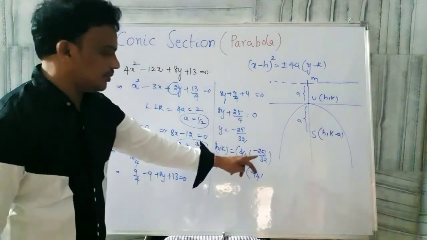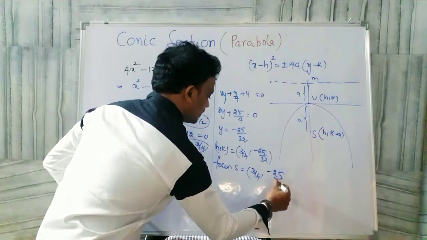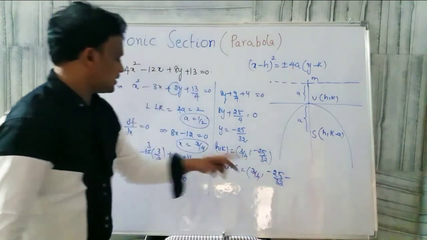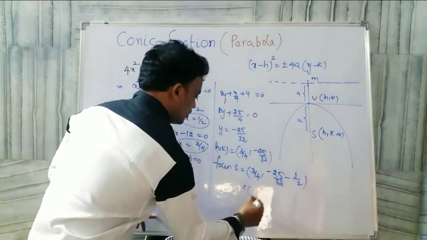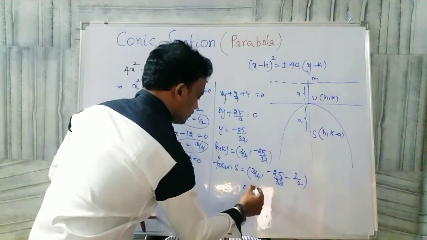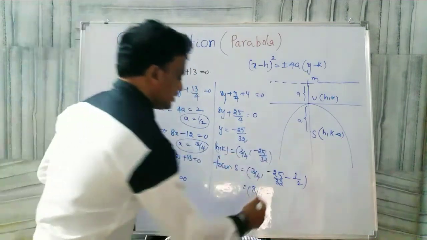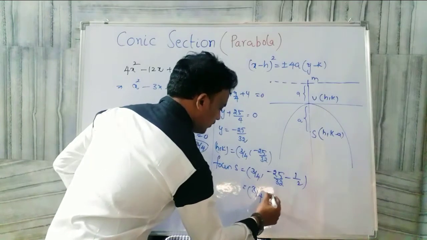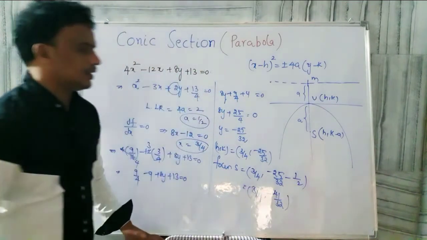The k value is already minus 25 by 32, so minus 25 by 32 minus the a value, which is 1 by 2. So it is 3 by 4, and 25 plus 16 gives minus 41 by 32. Like this we will get all the values.